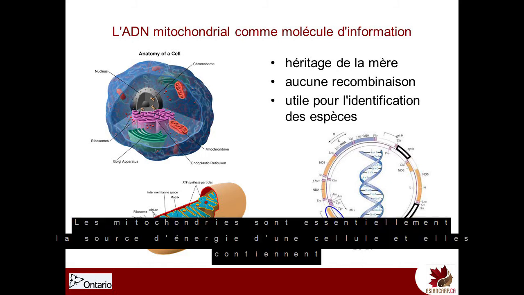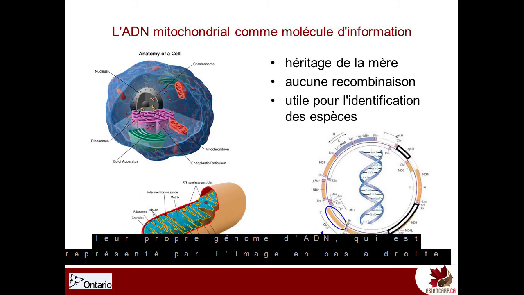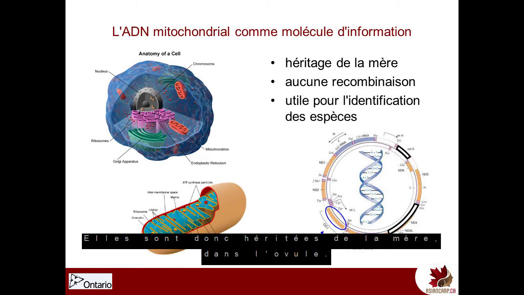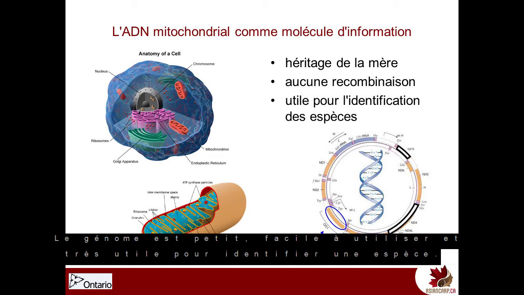Mitochondria are essentially the energy source for a cell, and they carry their own DNA genome, which is this graphic on the lower right. Mitochondria are inherited from the mother in the egg. It's a small genome, simple to work with, and it's very useful for species identification.